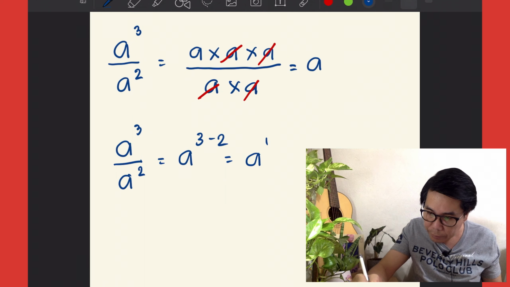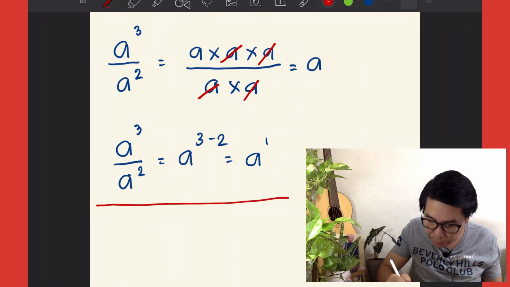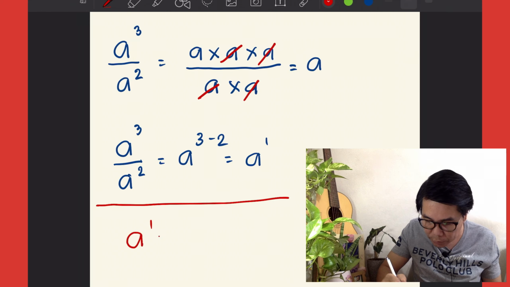So therefore, we can say that a to the power of 1 is equal to a.